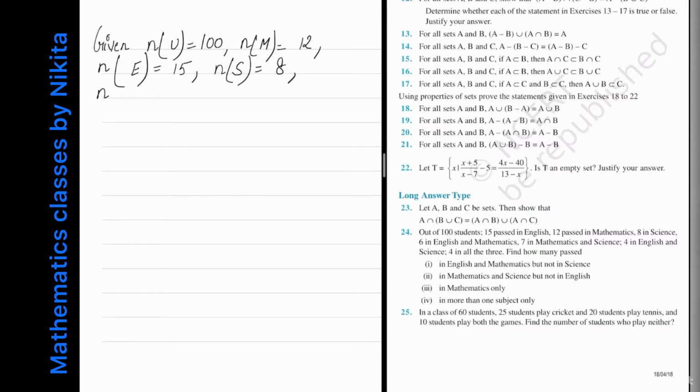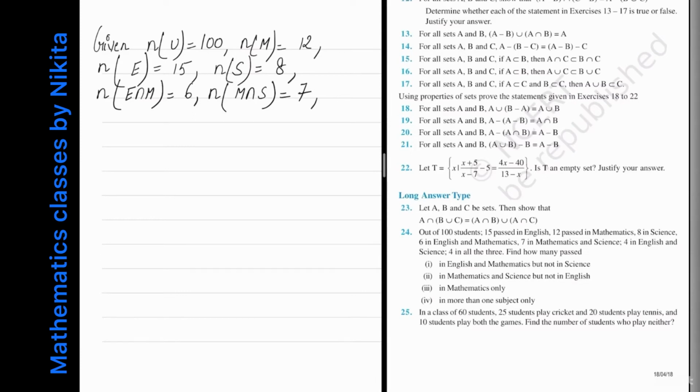So n of E intersection M is equal to 6. Then maths and science, so n of M intersection S is equal to 7.